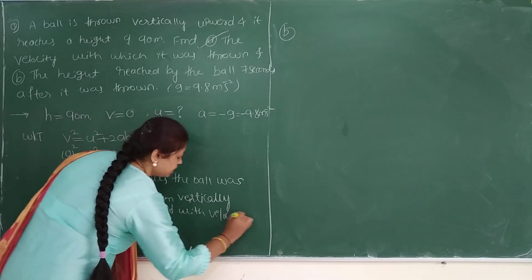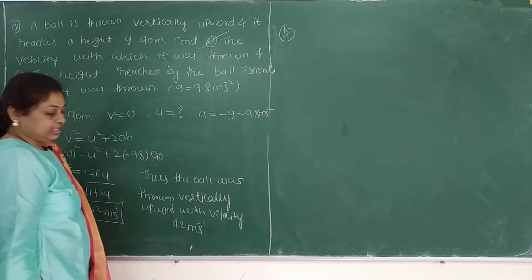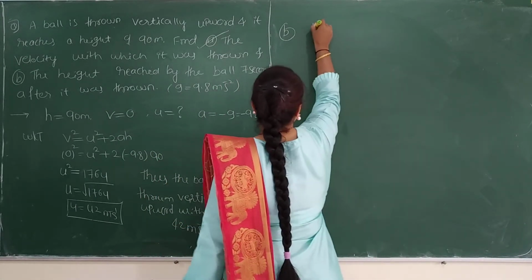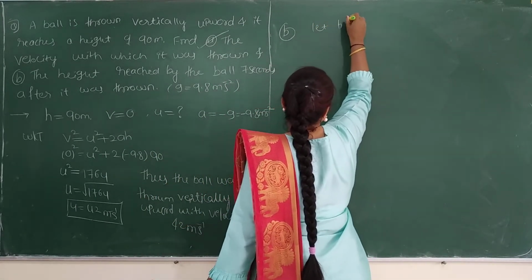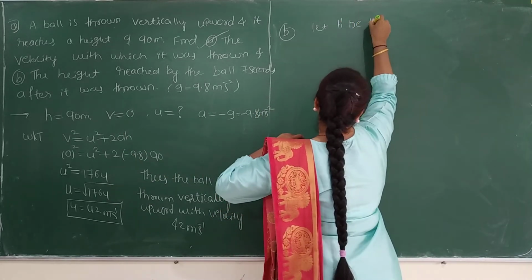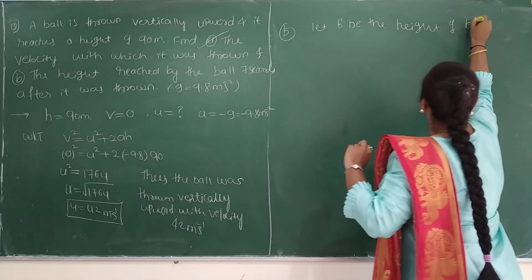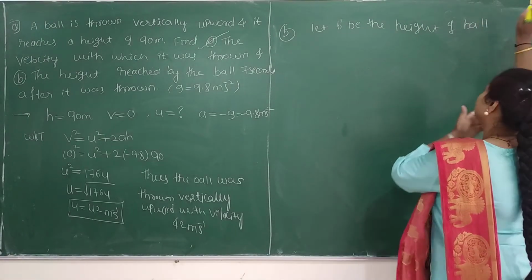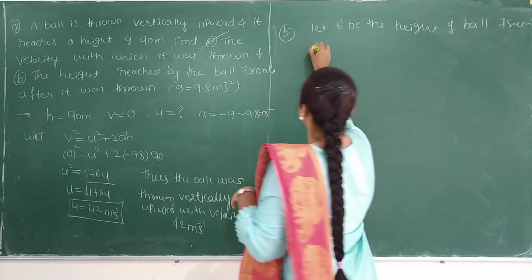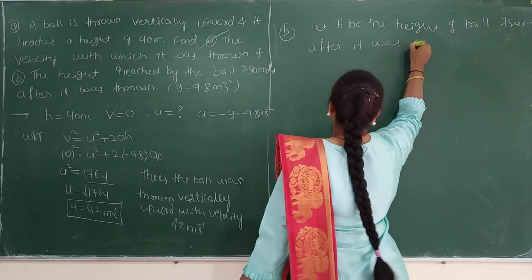With the velocity 42 meter per second. So at this velocity let us consider h. Let h dash be, already h is taken, let h dash be the height of the ball 7 seconds after it was thrown.